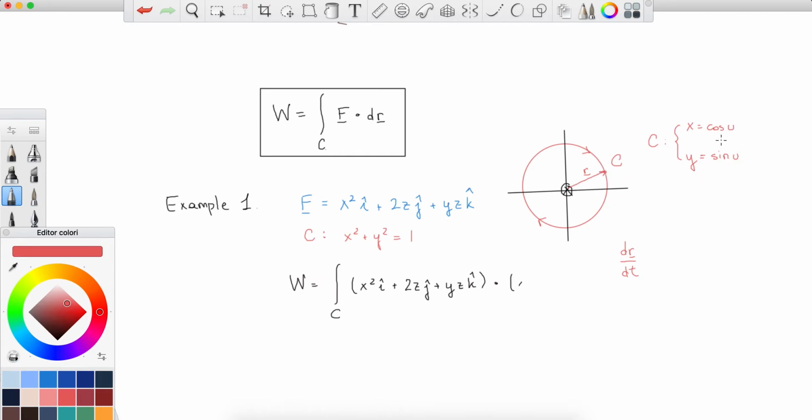If we use this parameterization, then we can define r to be a function x(u), y(u).